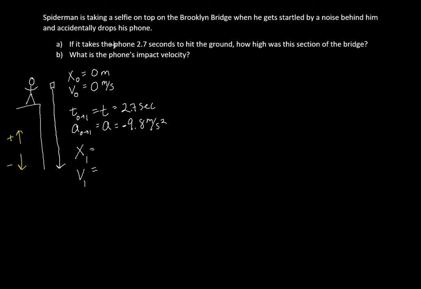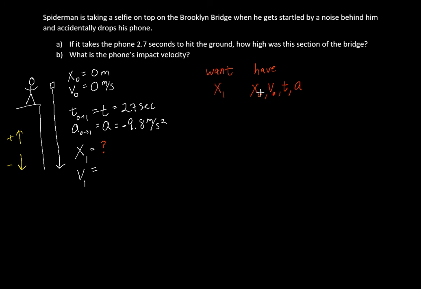So this first one, what we're looking for is how high the section of the bridge is. So really we're looking for how far down it falls. Because if it starts up here and falls down here, then that's going to be what we want. So if we were to make some sort of chart that says what we want, it would be x1. And if we look at what we have, well, we have x naught, v naught, t, a. So we need to find some sort of equation that uses all these things.